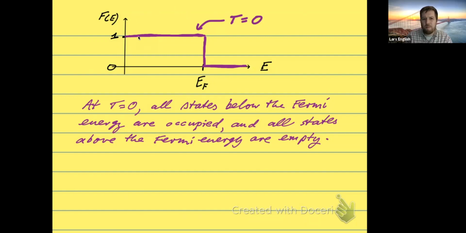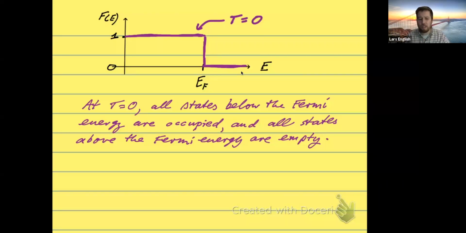And so the probability of a state being occupied is 1, and then you run out of electrons at the Fermi energy, and then all the higher lying states are empty. So it really is just a step function. Everything is occupied, and then you run out of electrons, and then all the other states that might still be available at higher energies are then empty.